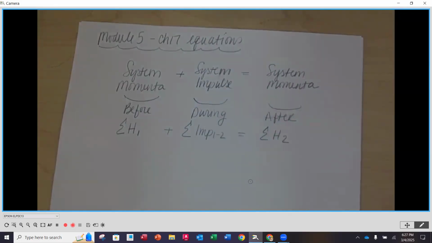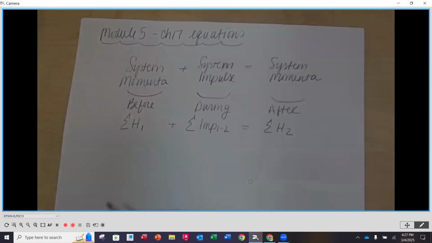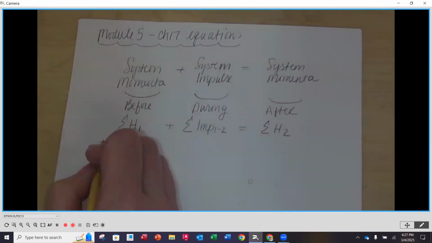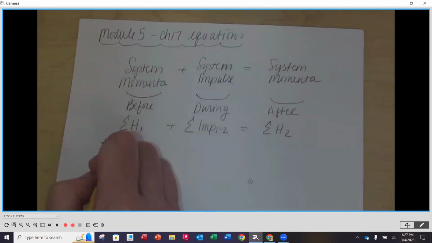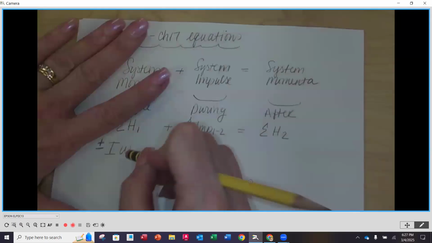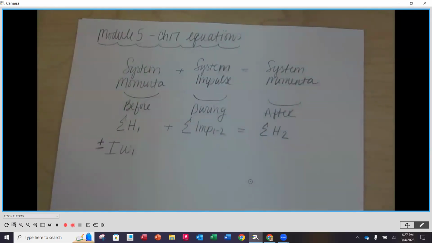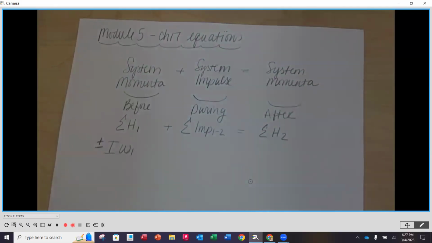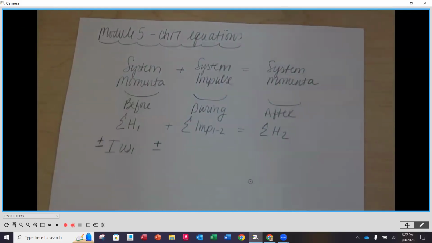Now, if we expand each one of those out, we're going to have a plus or minus in front of the moment of inertia times the angular velocity of our initial state, angular velocity, omega 1. Plus or minus, and because these angular momenta and impulses have direction associated with them, that's why the positive or negative is out front.